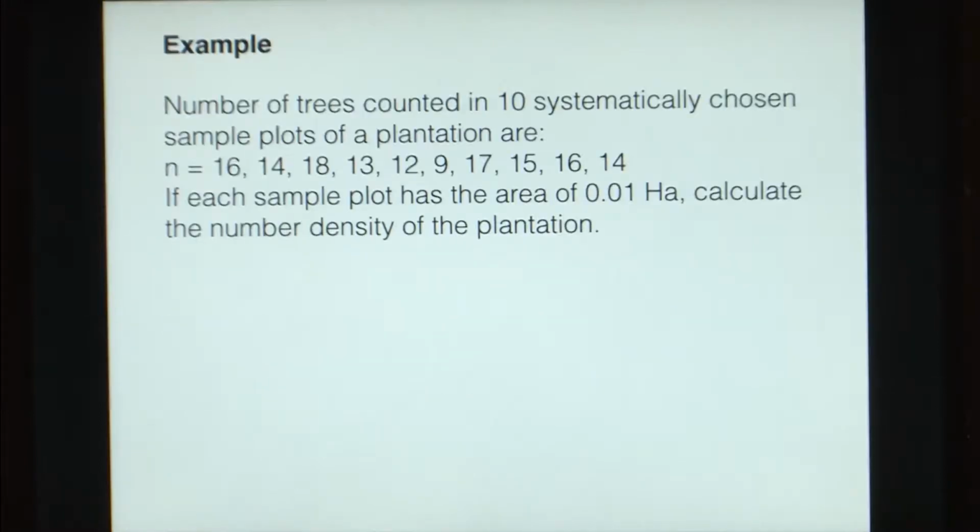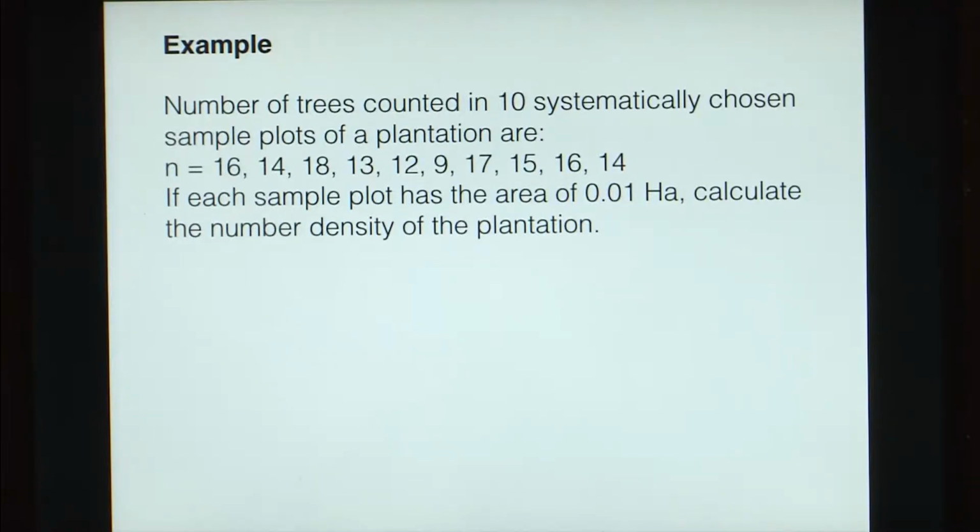Now let us take an example. This example states that the number of trees counted in 10 systematically chosen sample plots of a plantation are these numbers. So, we have taken 10 sample plots, and in each sample plot we have measured the number of trees. If each sample plot has the same area of 0.01 hectare, calculate the number density of the plantation.